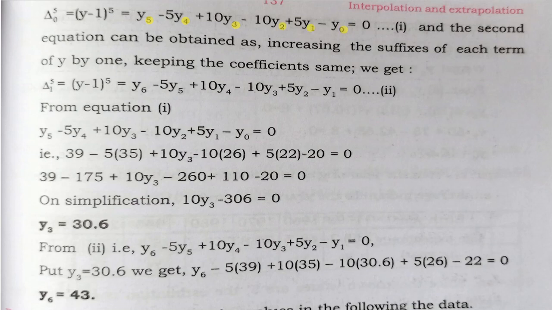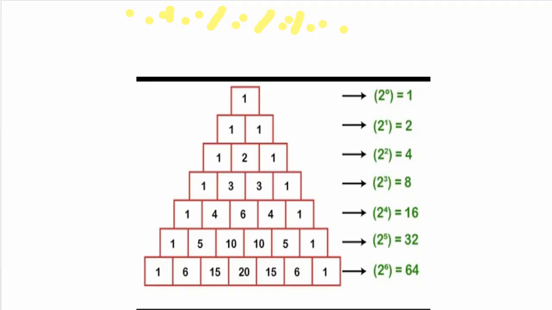First we write like this, and accordingly we write plus, minus, plus, minus, plus, minus. Then we write the values 1, 5, 10, 10, 5 and 1, which we get from the Pascal triangle.